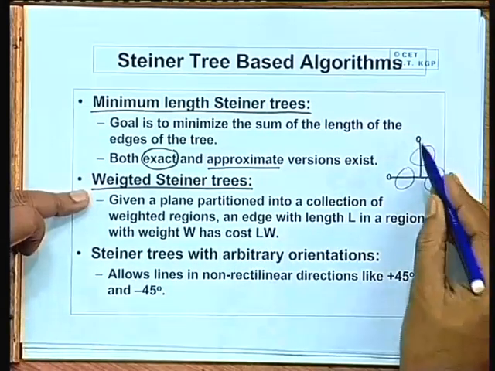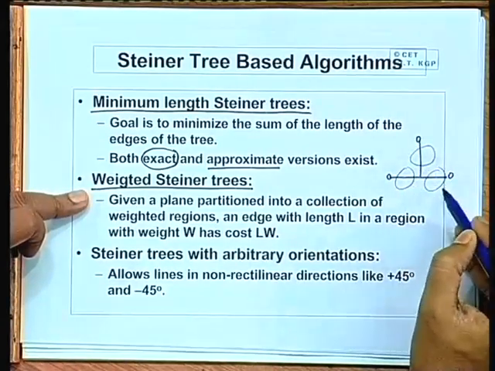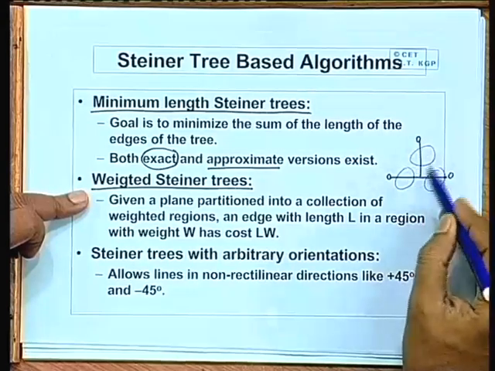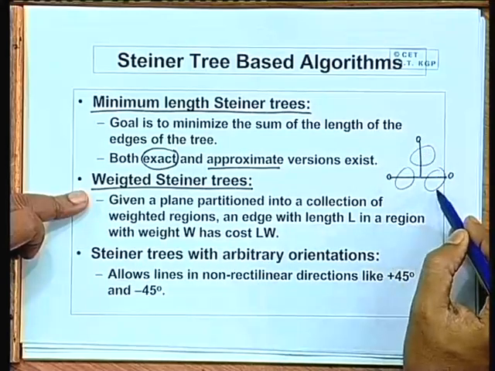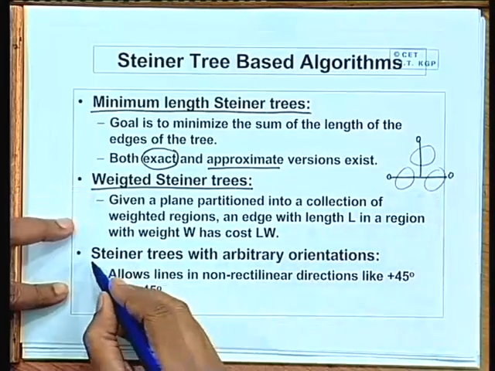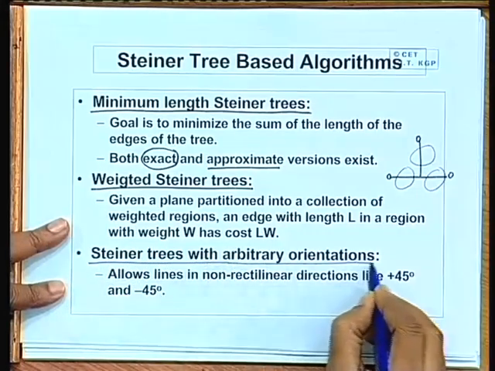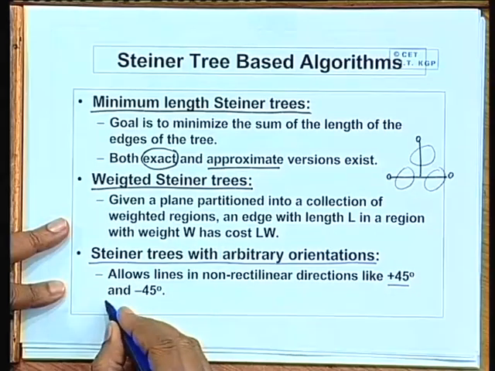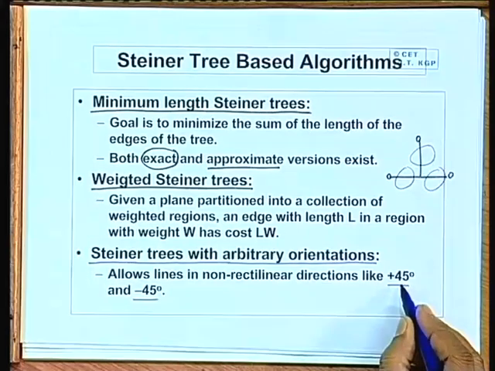So, in weighted Steiner tree you also take into account the congestion in the individual segments of the line through which routing regions you are actually taking those lines through. In fact, some of the modern tools also consider such Steiner trees with non-rectilinear edges which are angled at 45 degree or minus 45 degree.